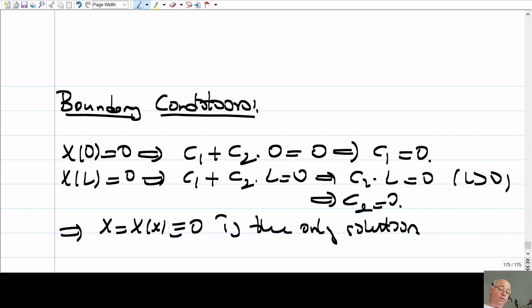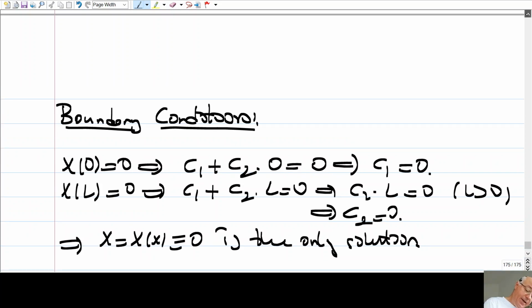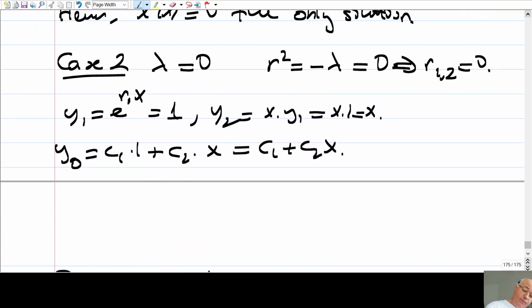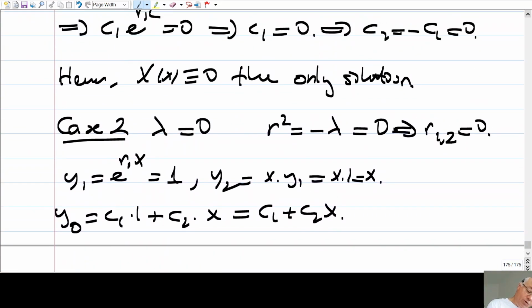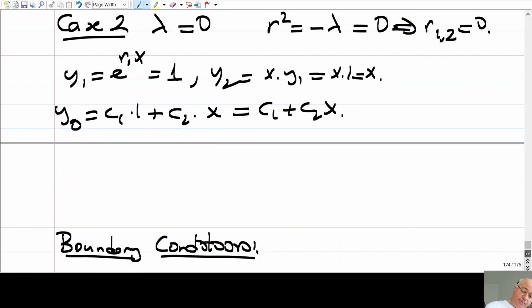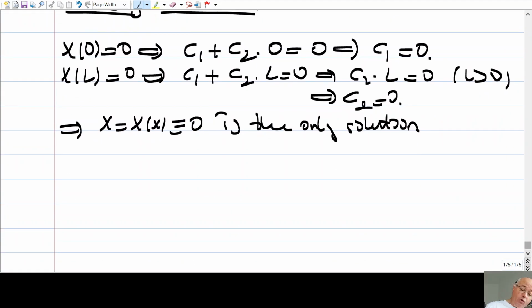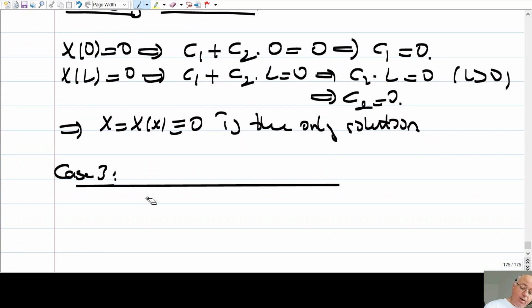Of course, we don't want the 0 solution because, in this case, if this is the only solution, then what about U? U is just X times T. X is 0, therefore this is the 0 solution. And that's not interesting, okay? So both of these cases gave us trivial solutions, which are not interesting.